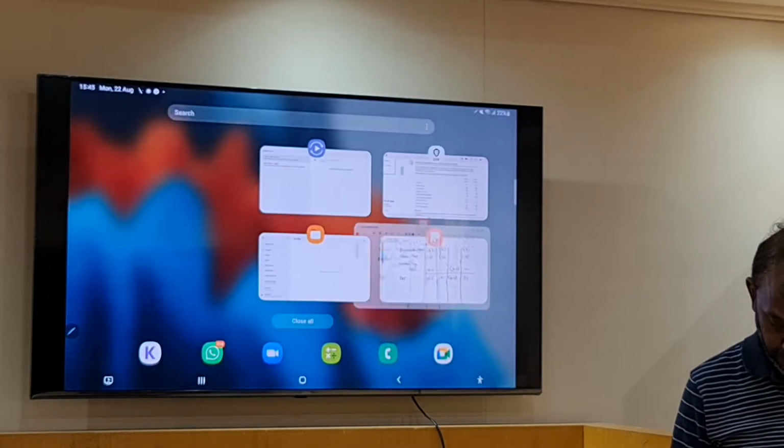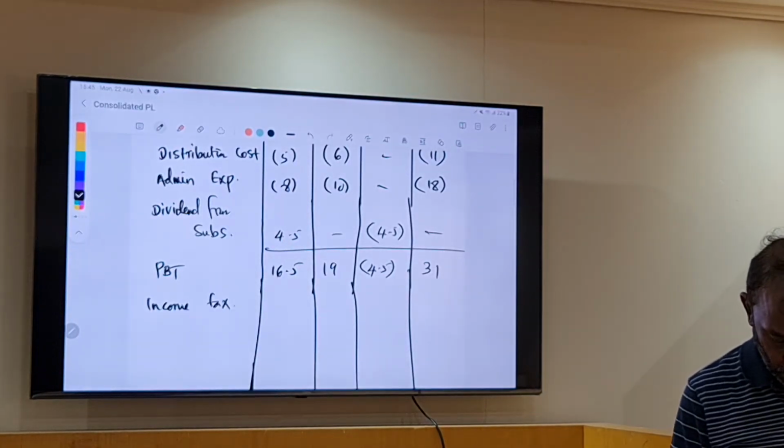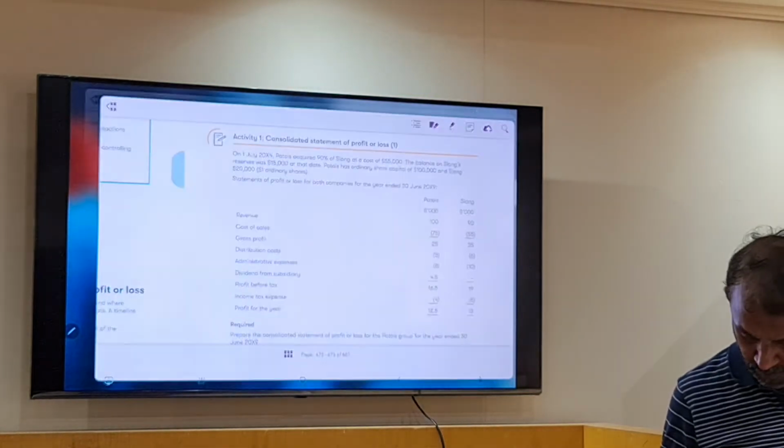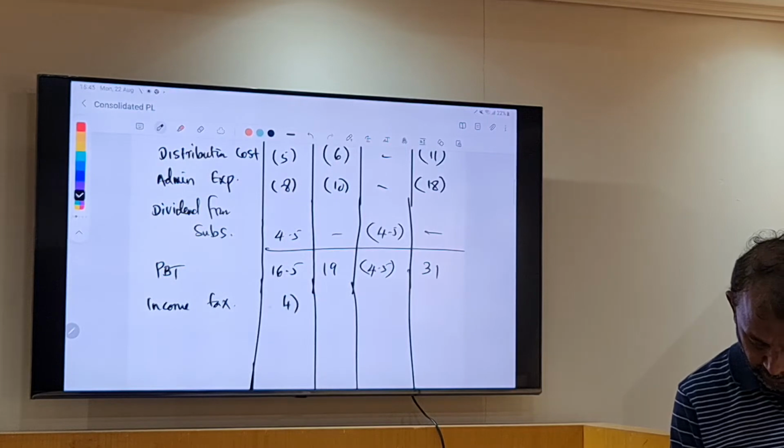Income tax expense. How much income tax? 4 and 6, 10.